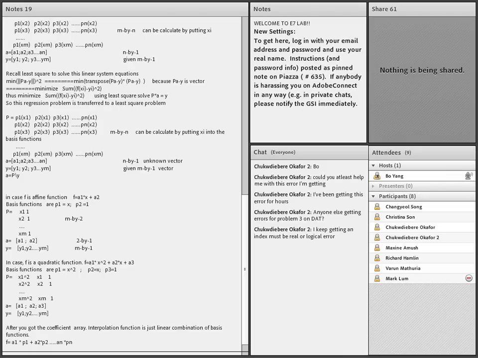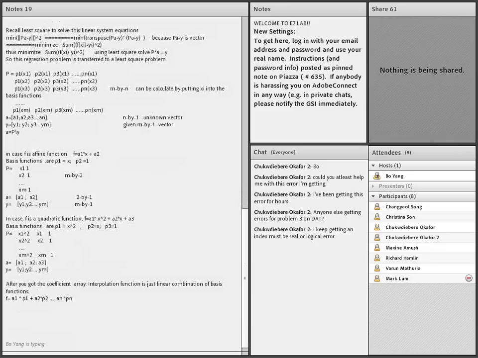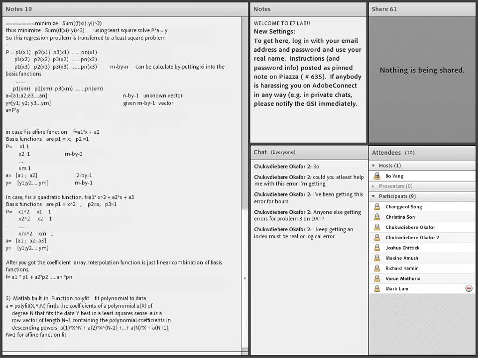In MATLAB, there is a built-in function polyfit. You probably need to know this function. You can see, if a equals polyfit(x, y, n), there are three input arguments.